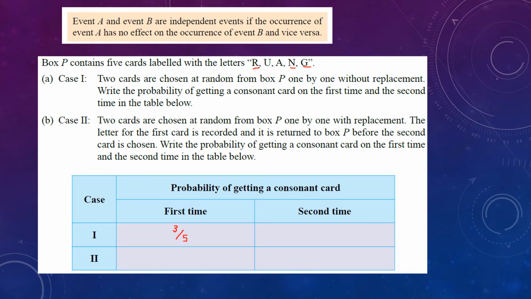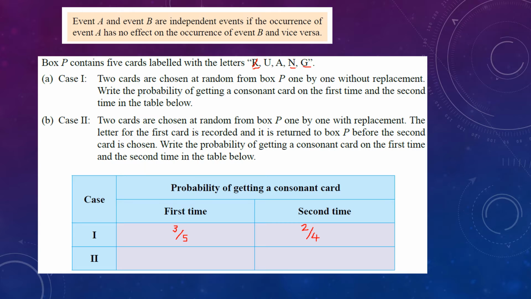For the second time, for example, the first time we already chose R. So for the second time, just N and G are left. So N and G, we got 2 out of a total of 4 letters. So the second probability will become 2 over 4.